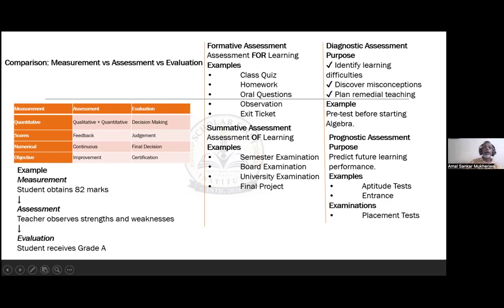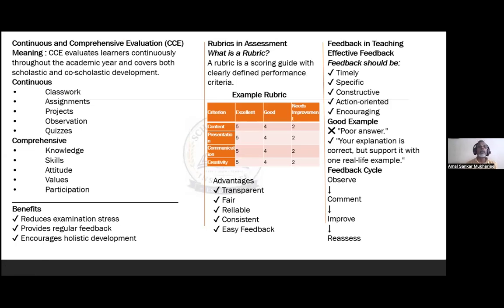Now we are dealing with the continuous and comprehensive evaluation, that is CCE. The whole process of assessment and evaluation of the learner should be continuous and comprehensive. Don't think that at the very end, with the marks of the final examination, a student can be judged, because a student has gradual development and progression throughout the journey in the classroom.